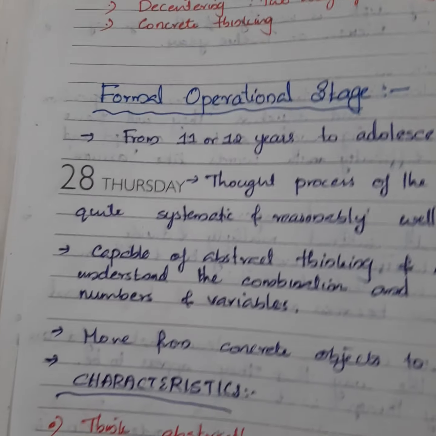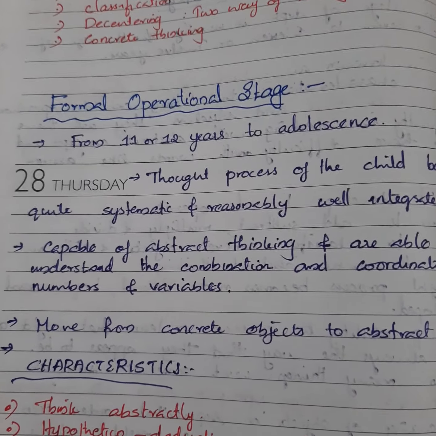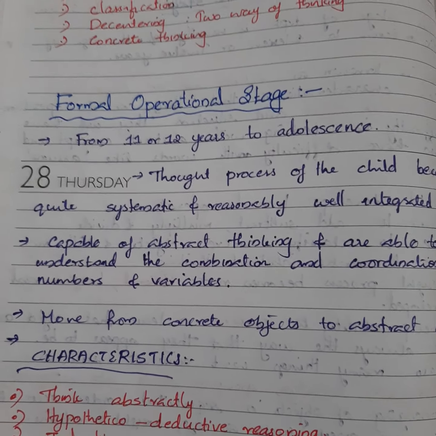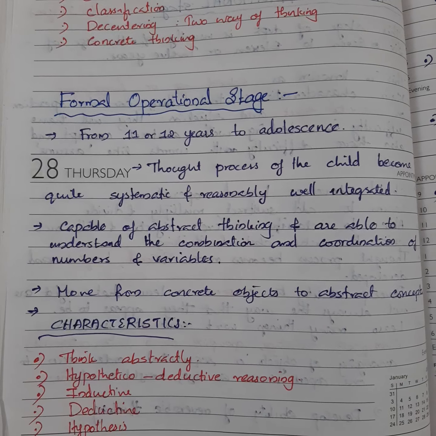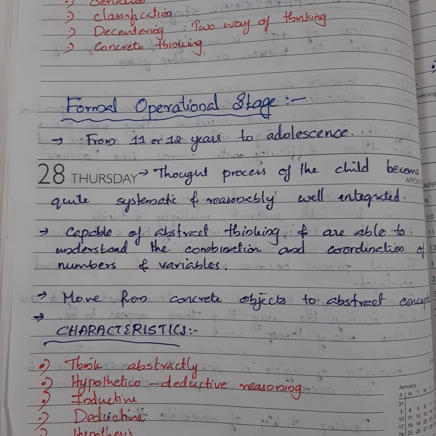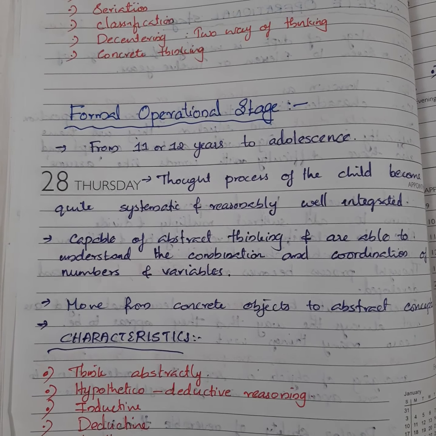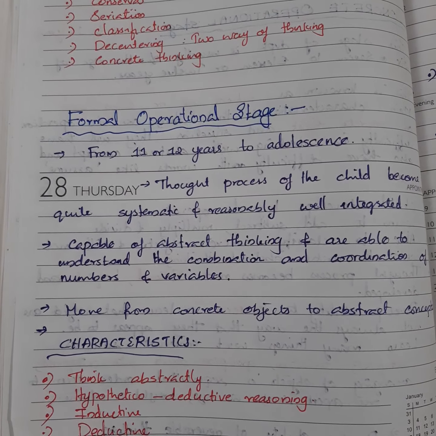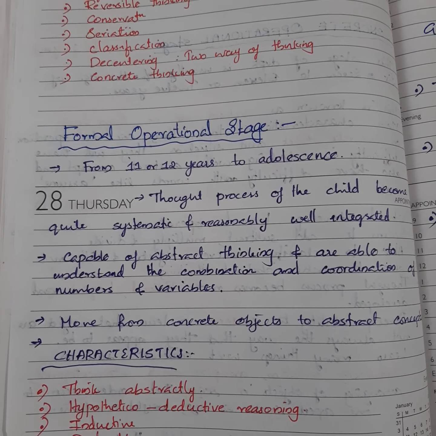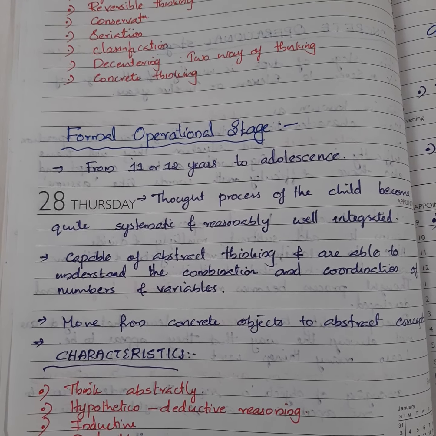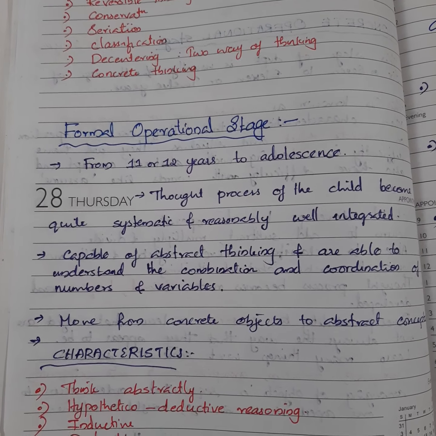Now let's move on to the last stage of development, that is the formal operational stage. This age starts from 11 or 12 years to adolescence. At this stage, the thought process of the child becomes quite systematic and reasonably well integrated.